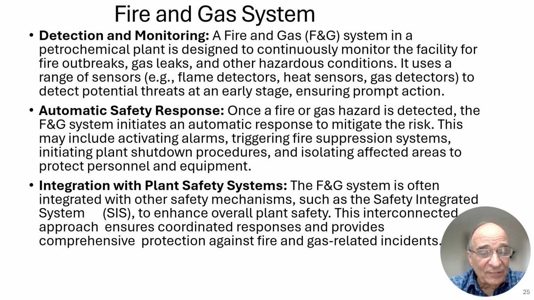Integration with plant safety systems. The fire and gas system is the eyes and ears of the safety integrated system, allowing the safety integrated system to do shutdowns and to make the plant safe.